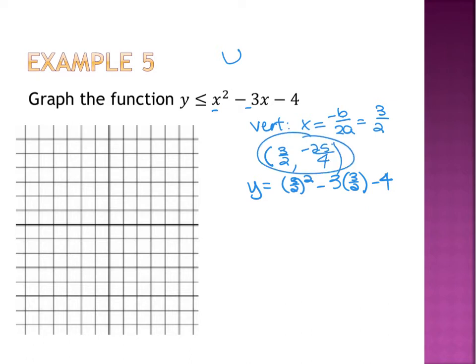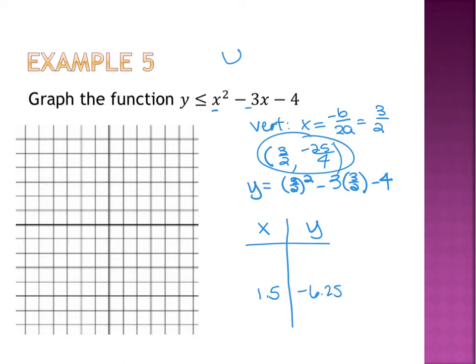So this is my vertex. So I'm going to create a table, and I'm going to have my x and my y. My vertex I know is, and actually I'm not going to write this as 3/2, I'm going to write this as a positive 1.5. And this is really a negative 6.25.